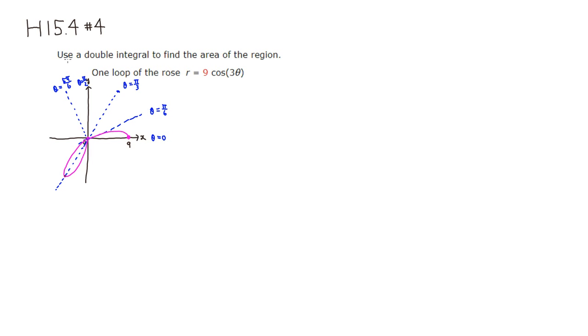Let's see, is that right? Actually, I messed that up. Hold on. This is going to be 4 pi over 6. If you put 4 pi over 6 here, then 4 pi over 6 is 2 pi over 3.